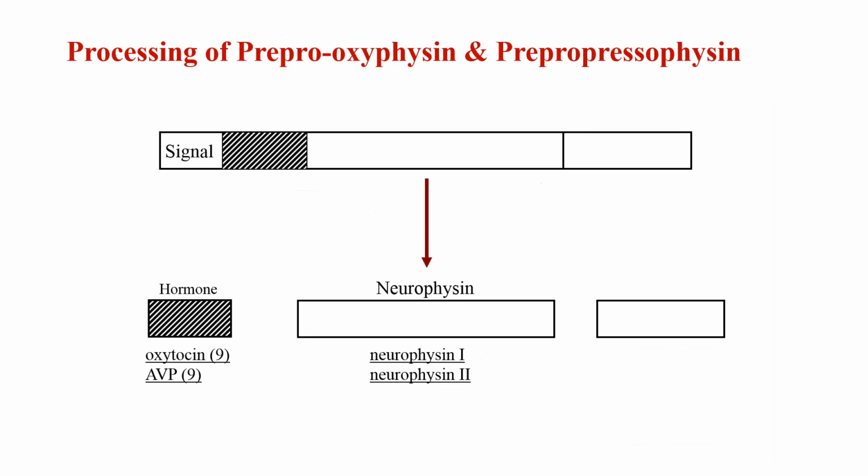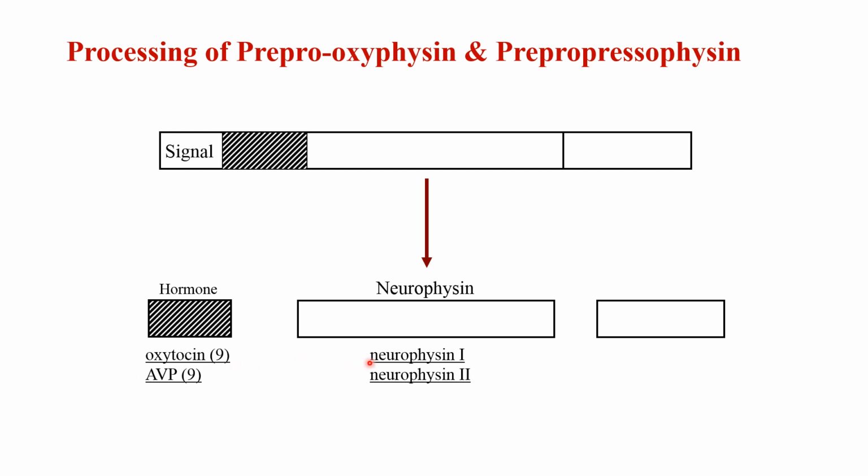And this is a more simplified diagram. This is the precursor, pre-pro-oxytocin and pre-provasopressin. This is the large molecule. It eventually will be broken down into neurophysins and hormones. The two hormones are composed of 9 amino acids each: oxytocin and arginine vasopressin, or vasopressin or ADH.